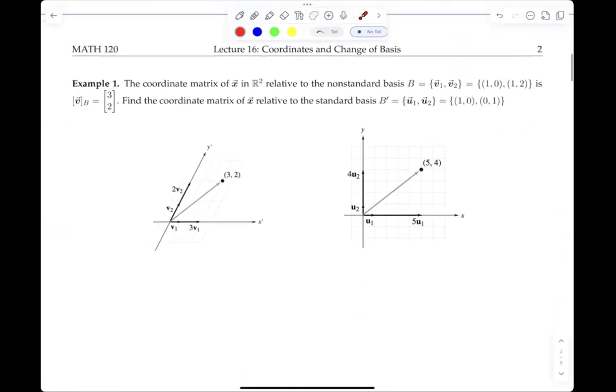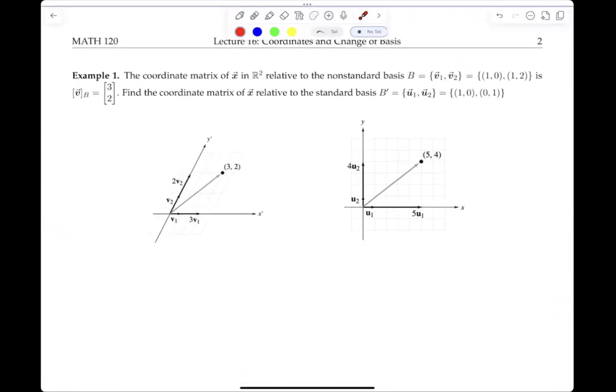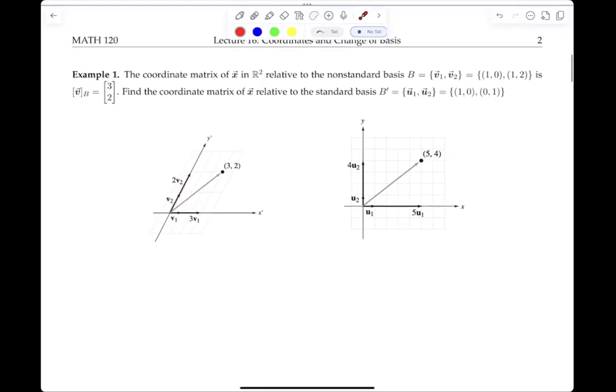Okay, so I'm going to go back to the graph a little bit in terms of this particular example. You have the coordinate vector of a vector x in R two, a two-dimensional vector space, relative to a non-standard basis. So in this case, you have a non-standard basis of V1 and V2, right?